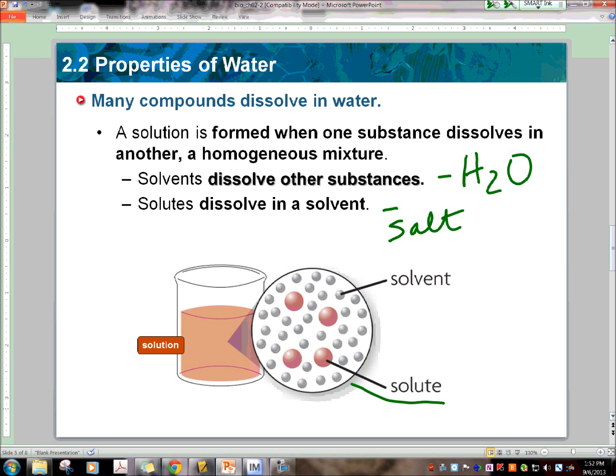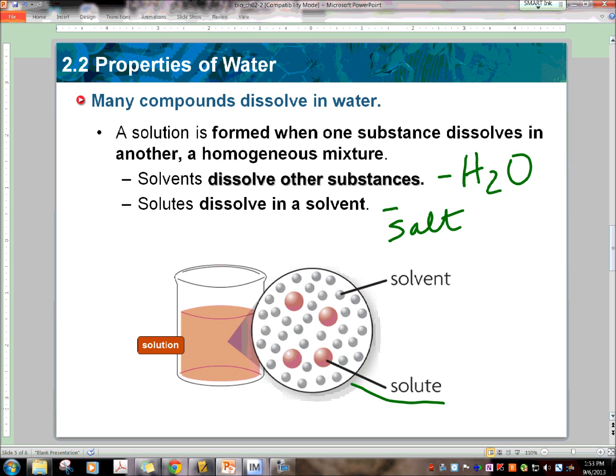I'm going to give you an example, and you tell me whether it's a solvent or a solute. If I say water, it's a solvent. Now if I say Kool-Aid powder, it's a solute. It's being dissolved.